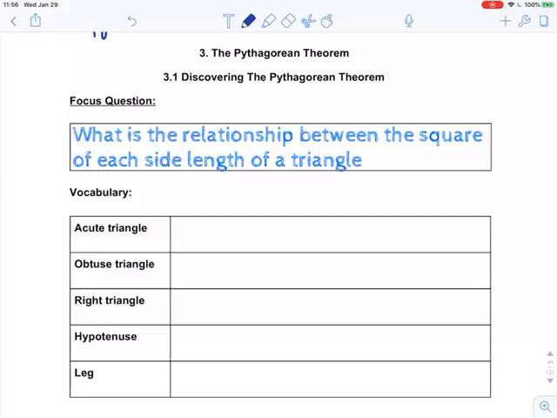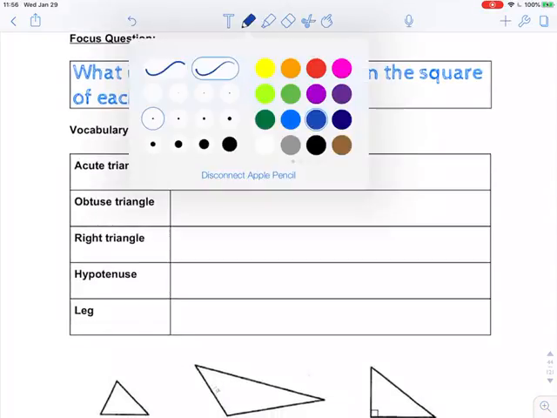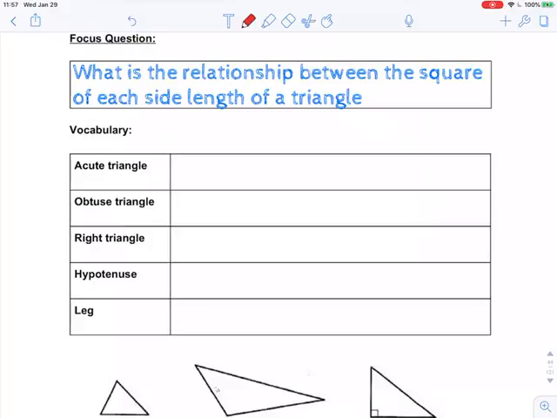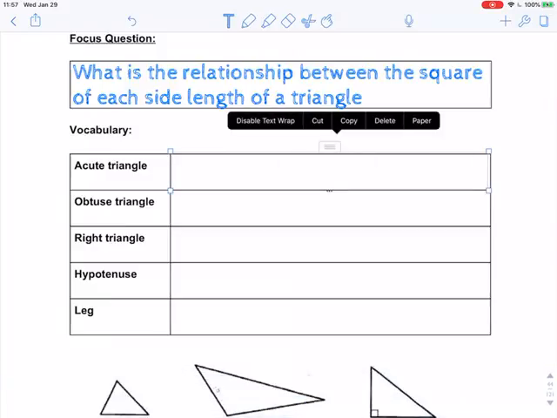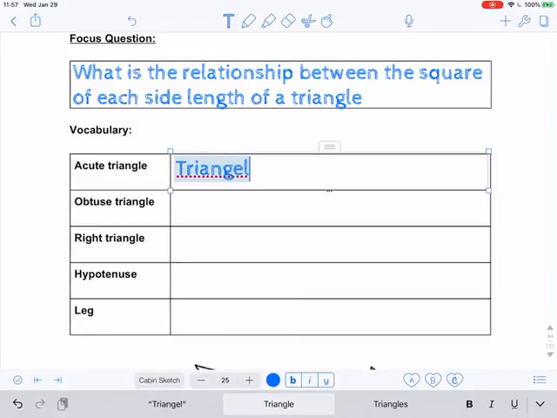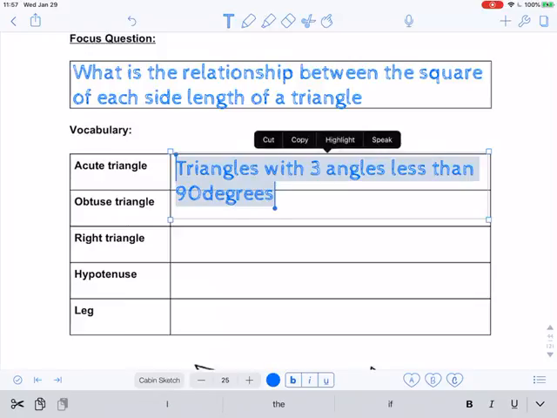For example, acute triangles. We'll define these. We'll talk about the side lengths in a little bit. We know that acute triangles are triangles with three angles that are all less than 90 degrees.